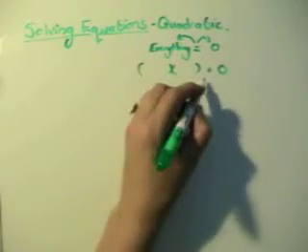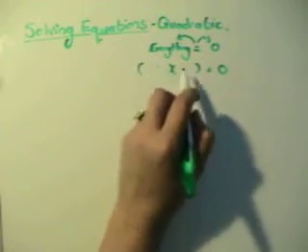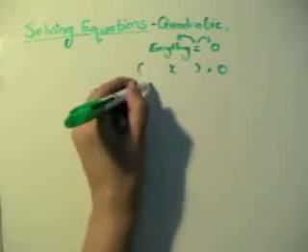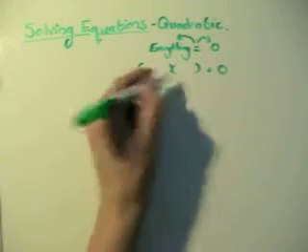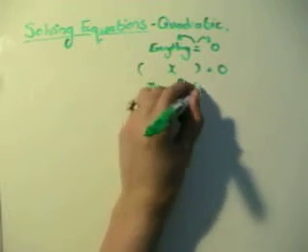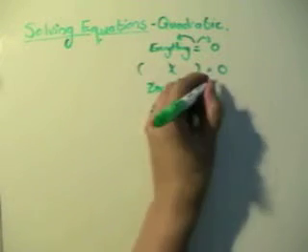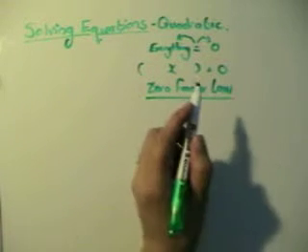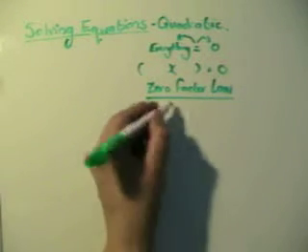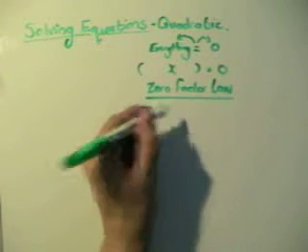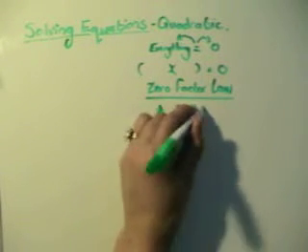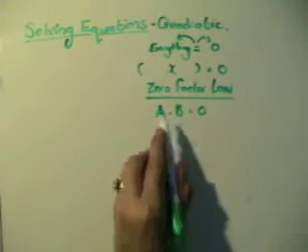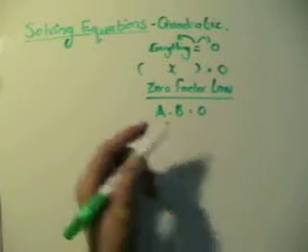And after I have factorized, I have a product that's equal to 0, and then I'm going to use the 0 factor law. Now the 0 factor law states that if I have two things multiplied with one another, say for instance a times b, that gives me 0, one of these things must be 0.